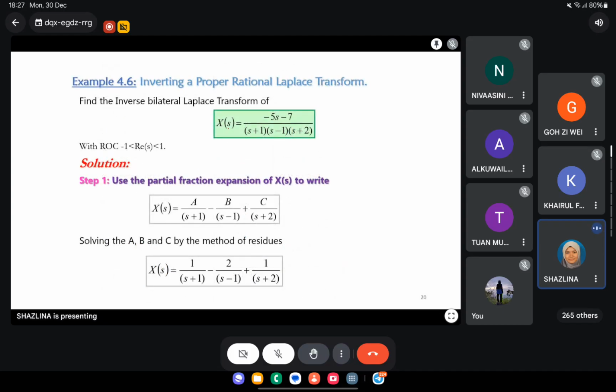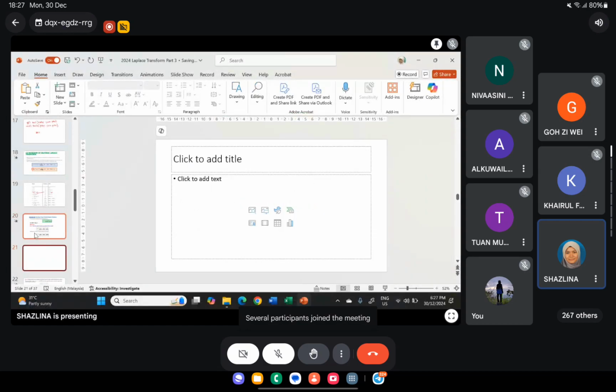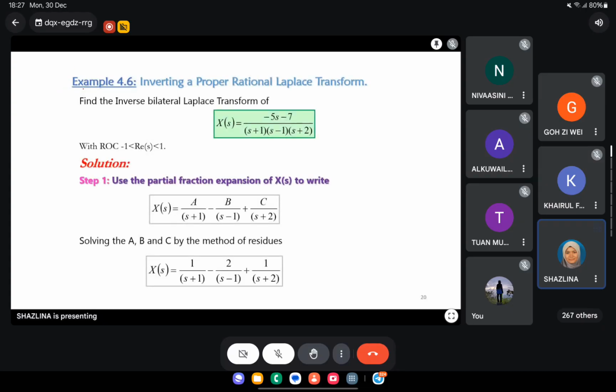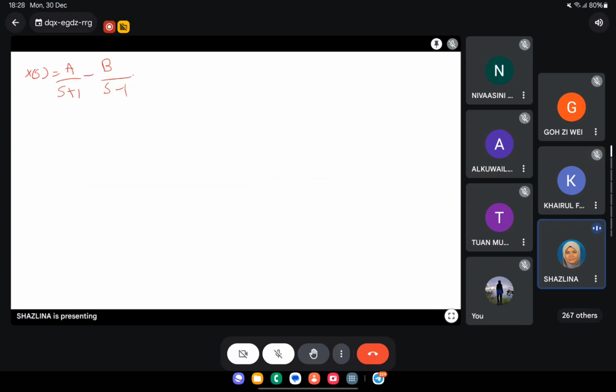Okay, in this case, you have to find A, B, and C. Let's do the partial fraction, just to confirm the values of A, B, and C here. So X(s) is A over s plus 1, minus B over s minus 1, plus C over s plus 2, equal to -5s minus 7.